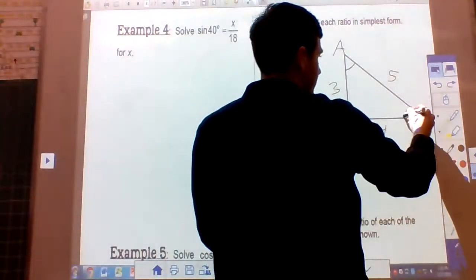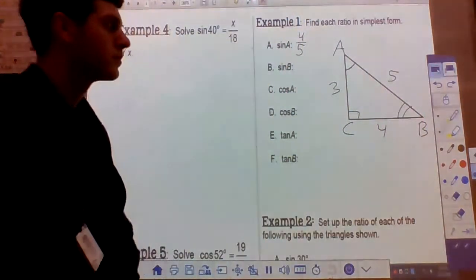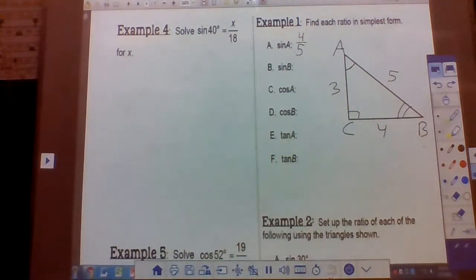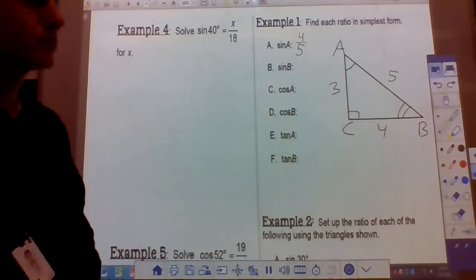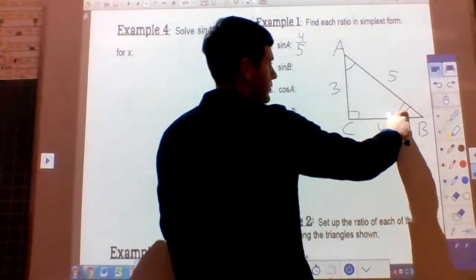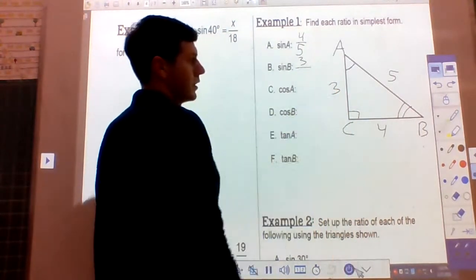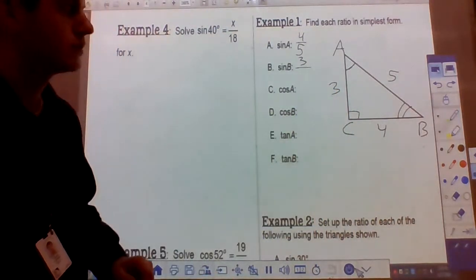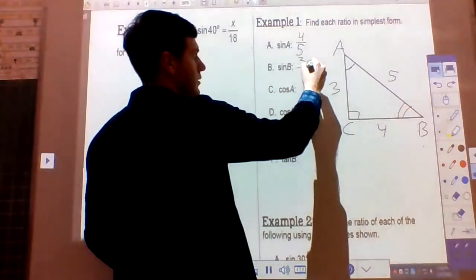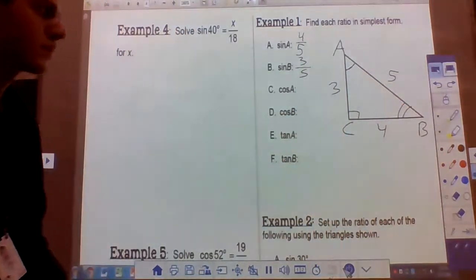Then we have sine of B. Okay, so angle B is down there. Sine is opposite over hypotenuse, so we want the side across from B, which is 3, and then we want the hypotenuse, which is 5. So 3 over 5.